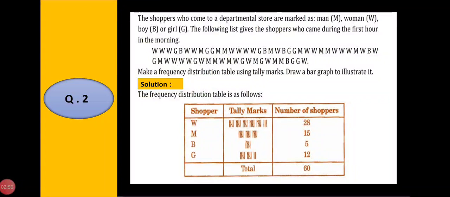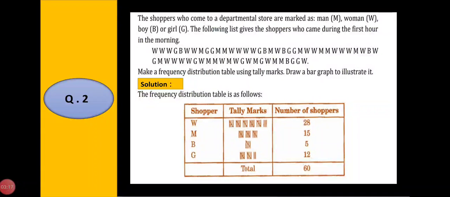So first we have to make a frequency distribution table with the help of tally marks, and then we have to draw a bar graph. For the solution, the frequency distribution table is as follows. First, for the frequency distribution table, we have to use tally marks.